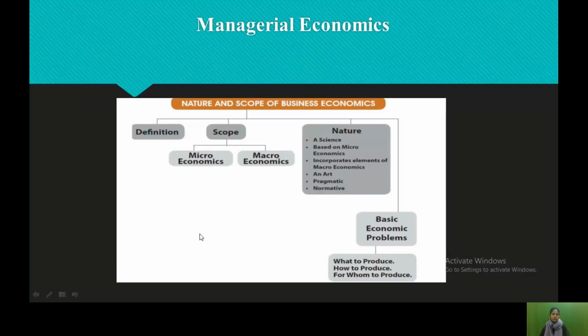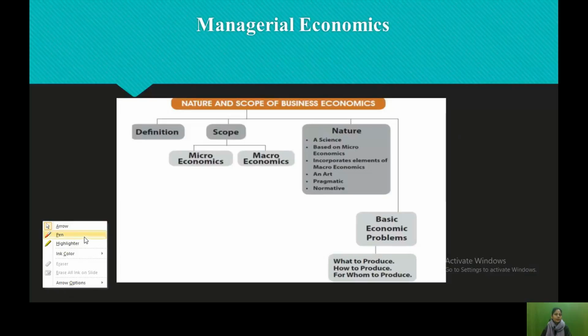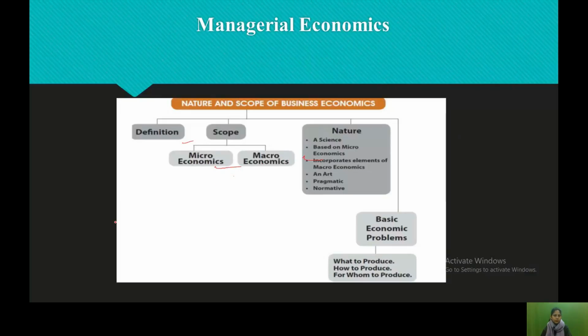Now moving on to our main topic, that is managerial economics. I'll just give you a brief of what we are going to study in this particular introductory lecture. We will discuss now the meaning of managerial economics, its nature, and its scope.